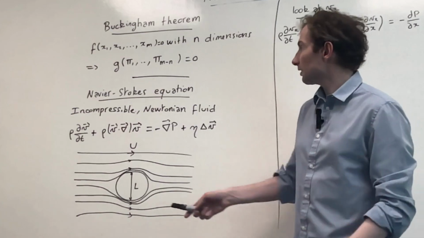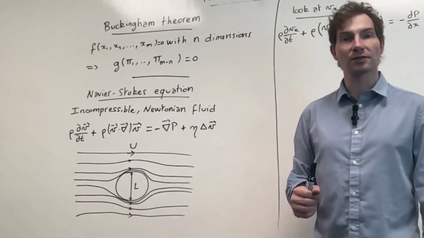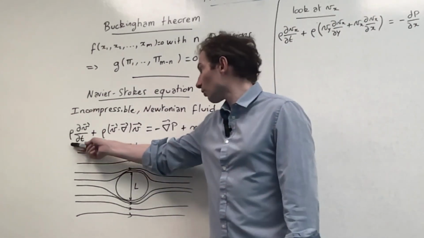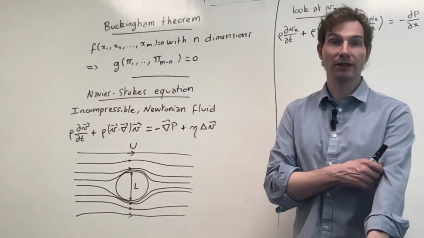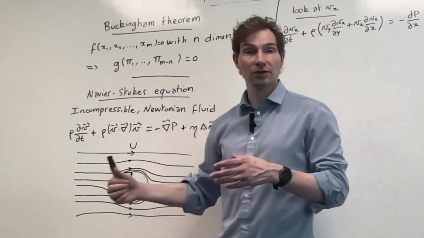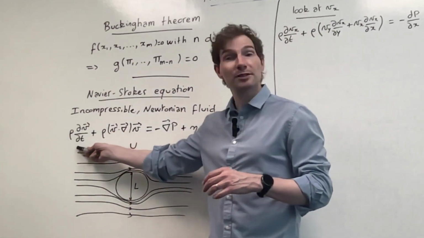Anyway, so it reads like this. Now, I'm not sure I want to read out loud what these terms are, but essentially, this whole term here is what is called the material derivative or convective derivative. What it does is it tells you how the velocity is changing with time, explicitly with time.